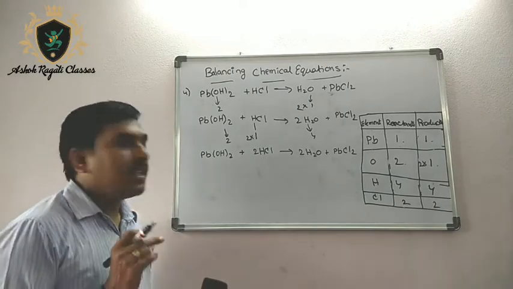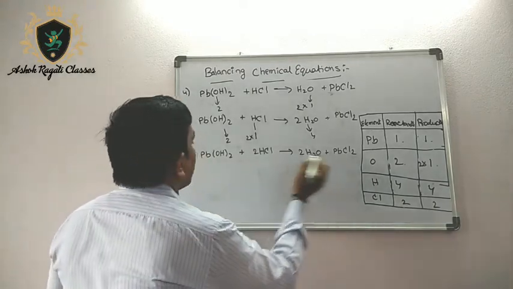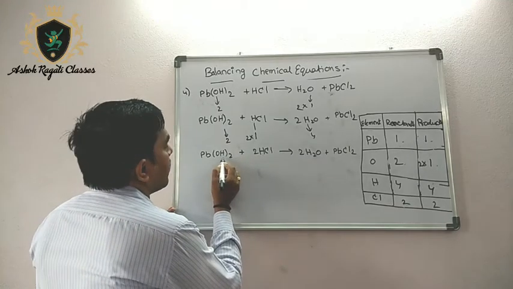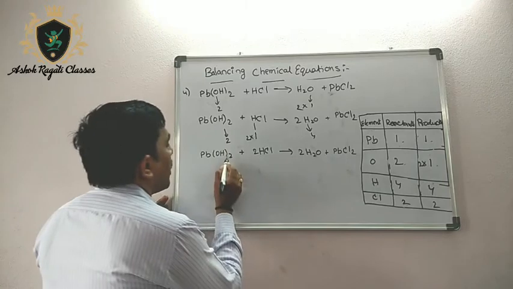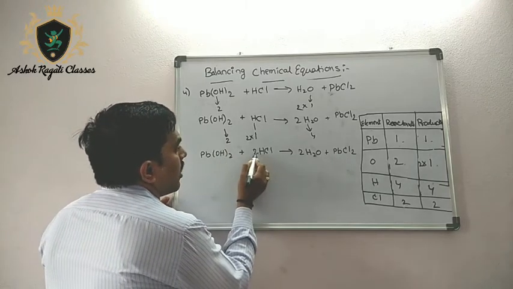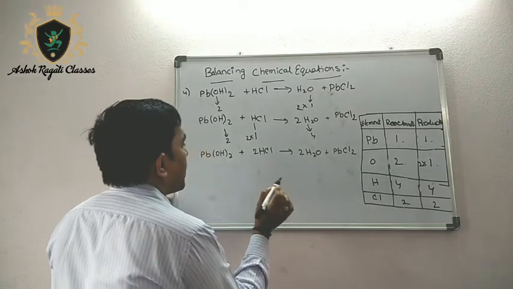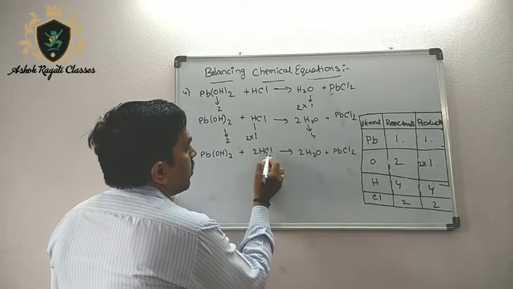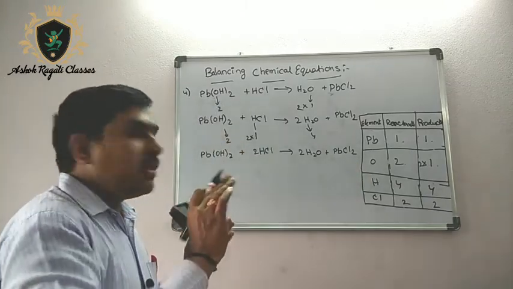Now check it once more. See, Pb is 1 and this is also 1. Oxygens, if you see, 2 into 1 is 2 oxygens, 2 into 1 is 2 oxygens. Hydrogens 2 here, hydrogens 2, so 2 plus 2 is 4, and 2 2s are 4. Oxygens also balance. Chlorine, 2 chlorines are there. So chlorine balances.